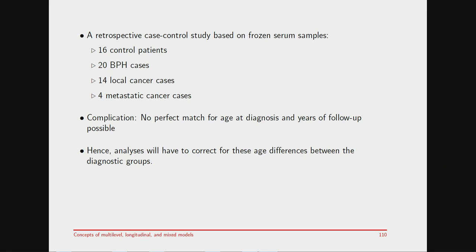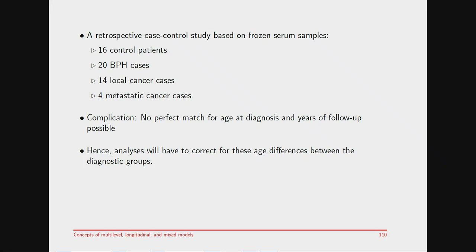Moreover, and that's an additional complication, they wanted to select these people such that they would have more or less the same age. Why? Because PSA is known to be age-related.